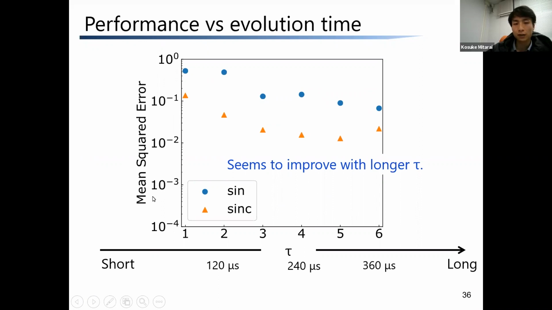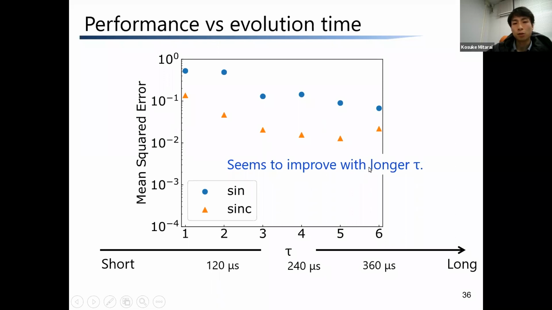The vertical axis is the mean squared error after training, and the horizontal axis is the evolution time. So 2 corresponds to 120 microseconds, and so on.